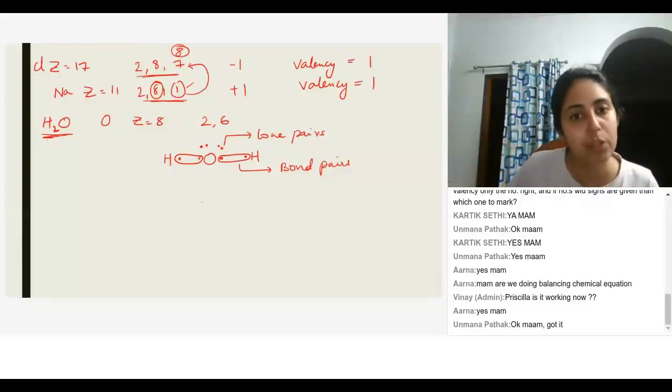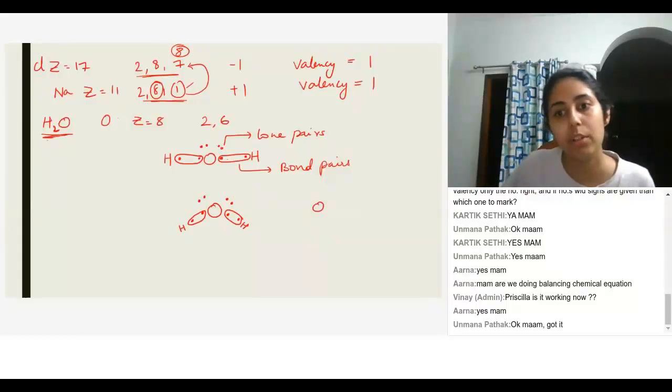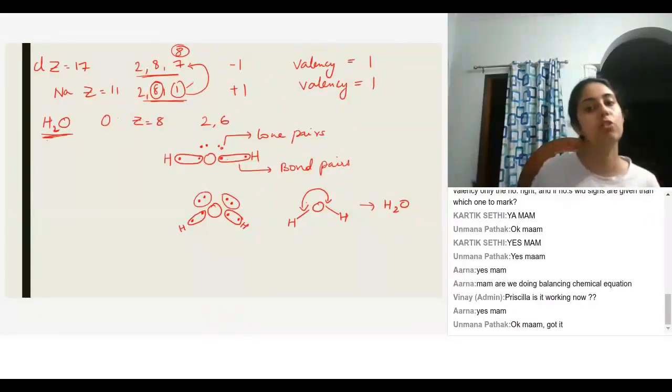So the structure of water will end up looking like this. This is the structure of water, H2O. It is like this because it has two lone pairs, and lone pairs occupy more space and push the other pairs downwards.